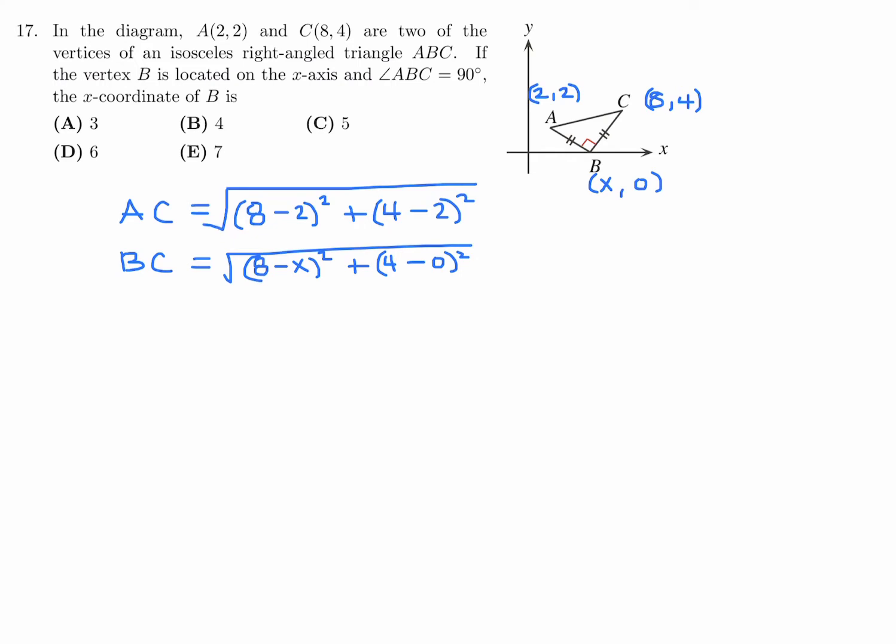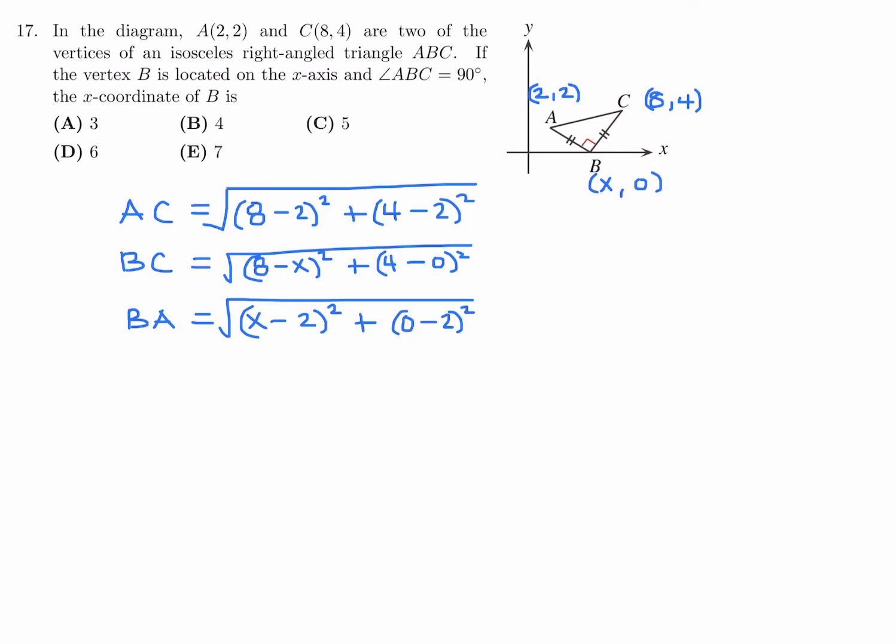And finally, BA, that is going to be the square root of x minus 2 squared plus 0 minus 2 squared.